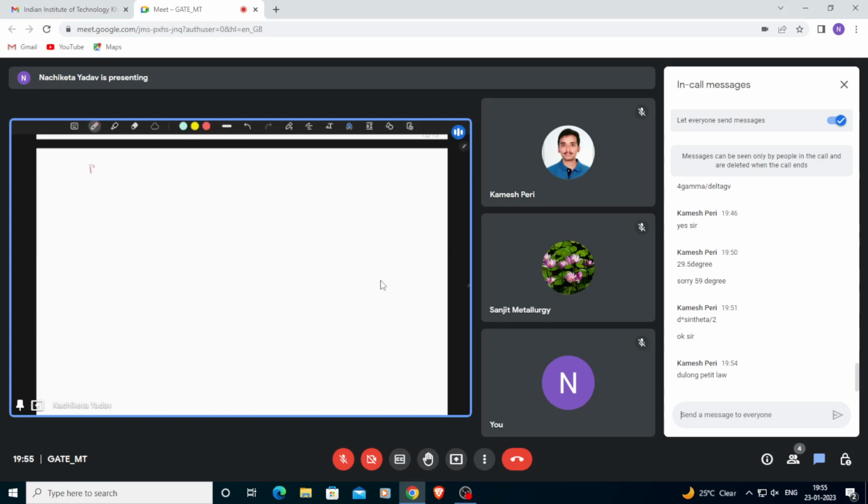This is PV to the power n equal to constant, right? So if n is 0 and p is constant, then what will we call?